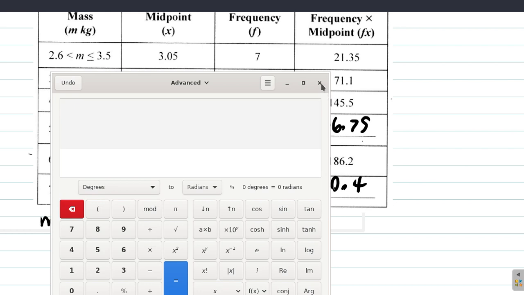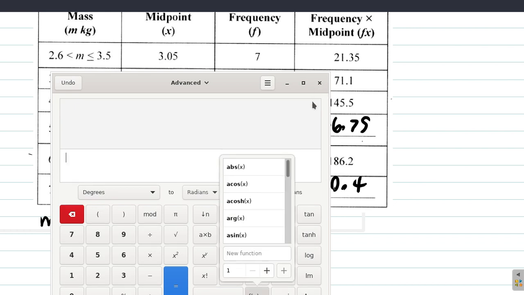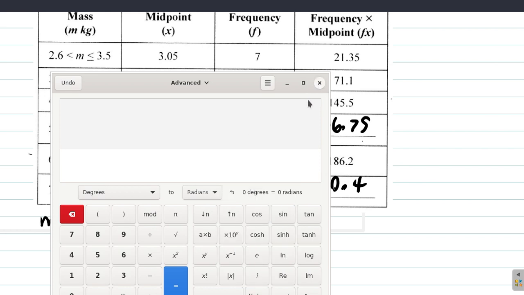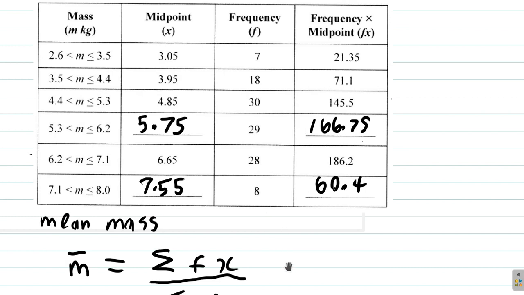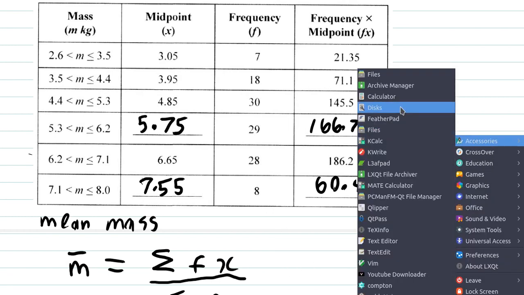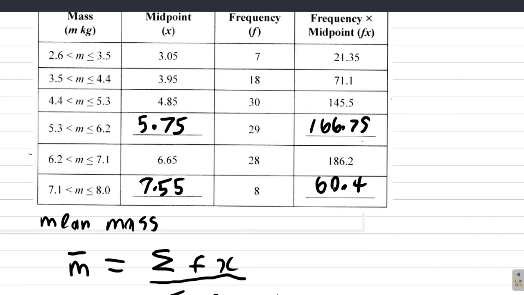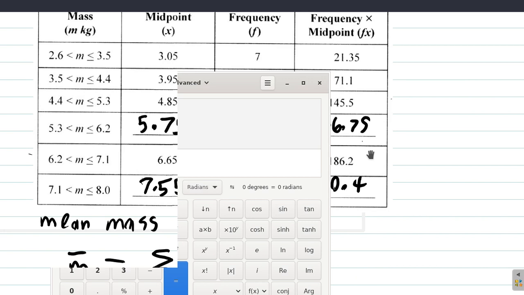So what you would get is this. Let me try and get back my calculator here. Alright, my calculator.